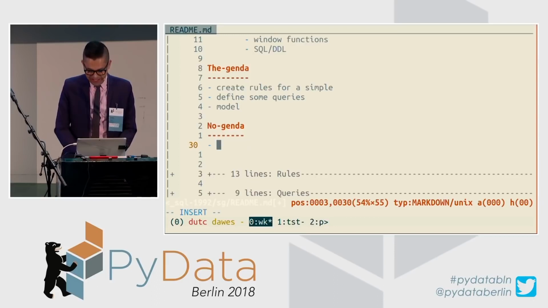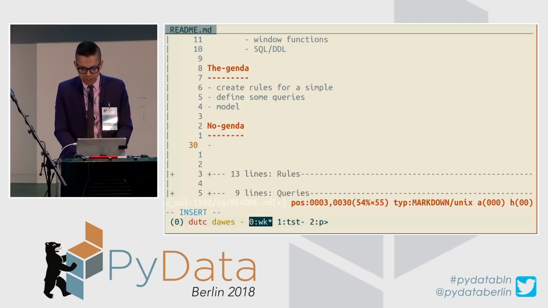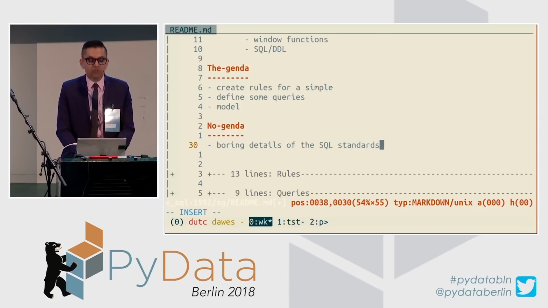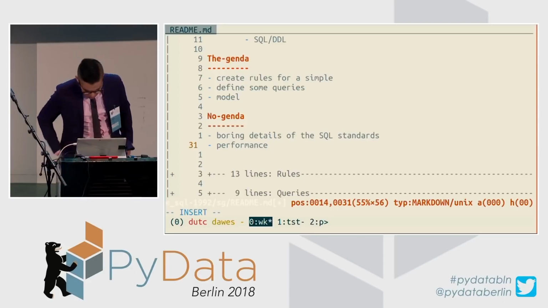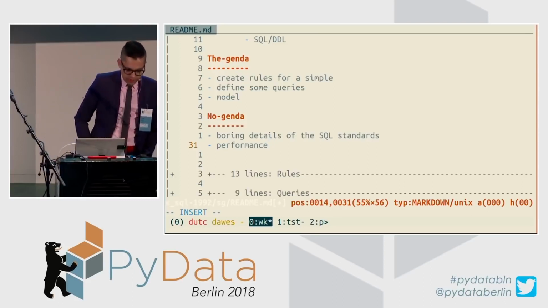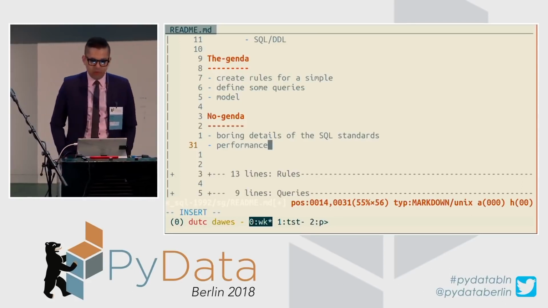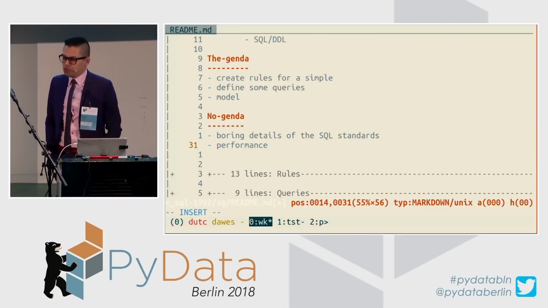The no-genda is to talk about things which I don't think are actually that interesting, such as the boring details of the SQL standards. They are excruciatingly boring documents, and there are many, many of them. Things like performance. One of the reasons why I think people still like SQL is not that it's necessarily a more performant technology, so much that the performance of SQL is well understood.